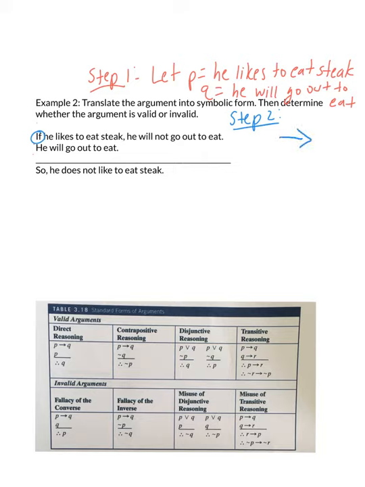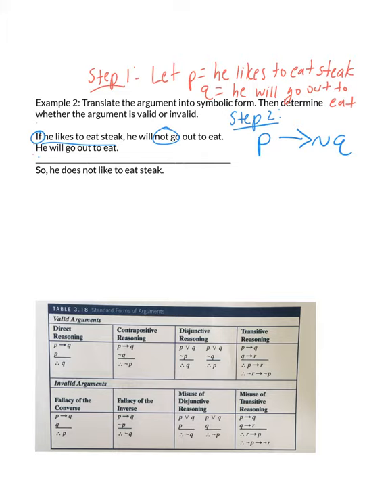On the if side of the arrow, if he likes to eat steak would be P. Then, the other part of the sentence, he will not go out to eat. So not means we need the negation squiggle. Go out to eat is Q. So if P, then not Q is the first sentence.